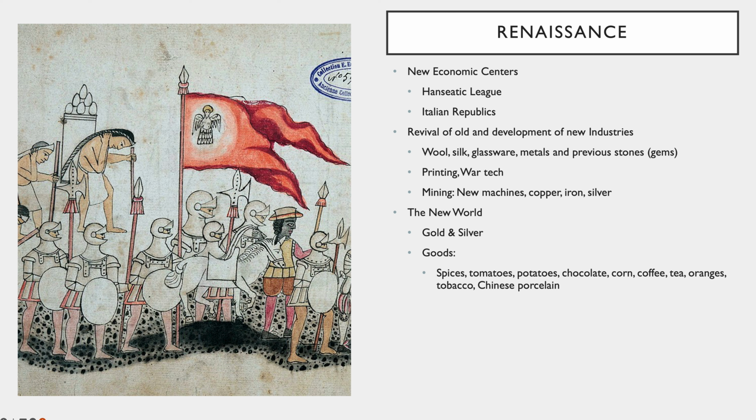Porcelain that's being imported from China. So the global economy opens up to Europe some of these goods that were so exotic to them, they'd never heard of them. And I believe that you could probably use sugar as a form of currency for a short period of time, because that's how valuable sugar was.